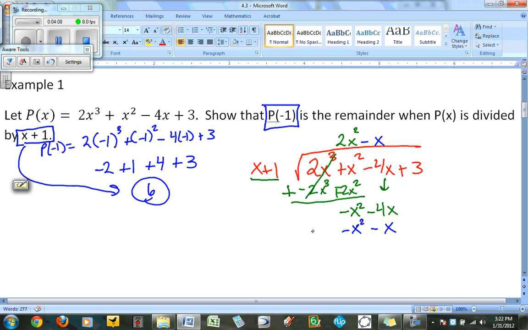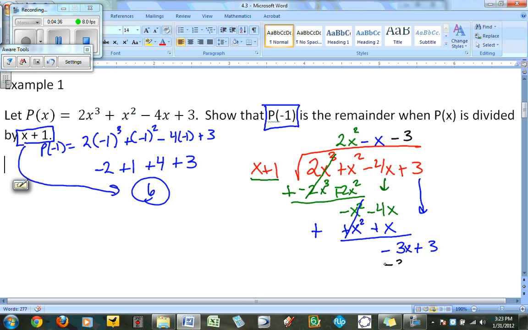Again, we're subtracting, so we have to cross the line and change all of the signs, and this is going to cancel out, which we want. -4x plus x is going to be -3x, and I'm going to bring down my next term, so plus 3. Then we need to figure out what we can multiply x by to get -3x, and that will be -3.